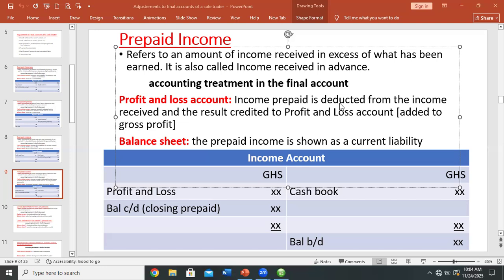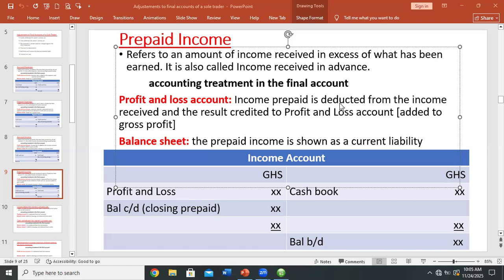If you have observed, we have looked at four of the adjustments, six more to go. By way of summary, these four are accrued expense, prepaid expense, accrued income, and prepaid income. For the accruals, or owings, or outstandings, we add them in the profit and loss account. For the prepaid income and expenses, we less or deduct.